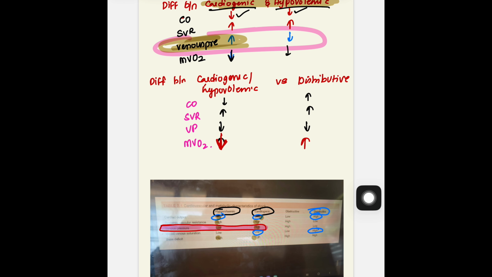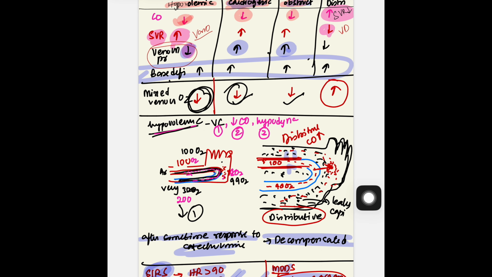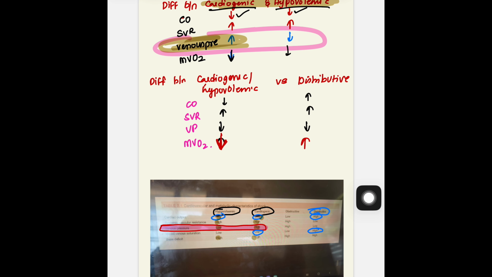Whereas between cardiogenic shock or hypovolemic shock and distributive shock, what are the differentiating factors? The mixed venous oxygen saturation is a differentiating factor. The cardiac output is a differentiating factor.